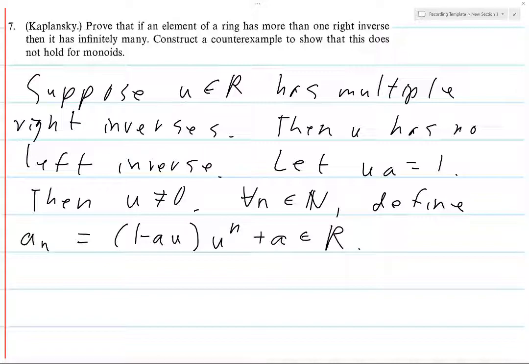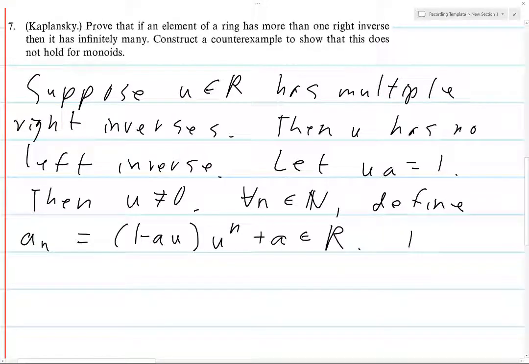I guess this doesn't really use the fact that u is non-zero. At first I was thinking, if we want n to be allowed to be 0, then you would have to make sure that u is not 0 because you can't have 0 to the 0, but whatever. I'm not going to go back and make it neater.